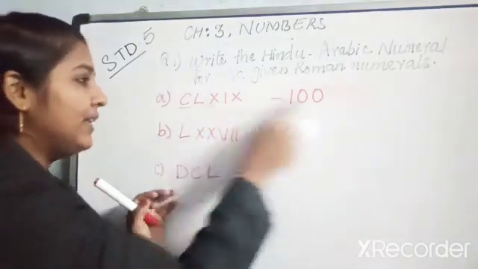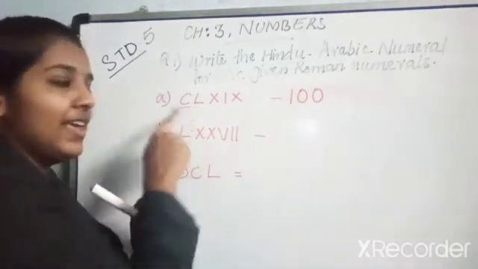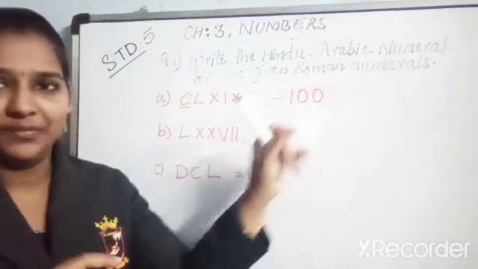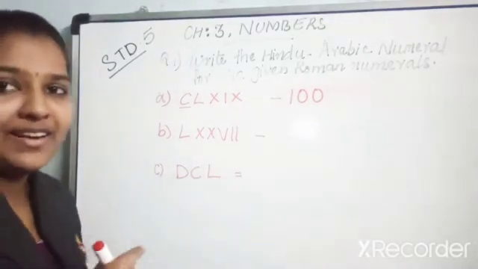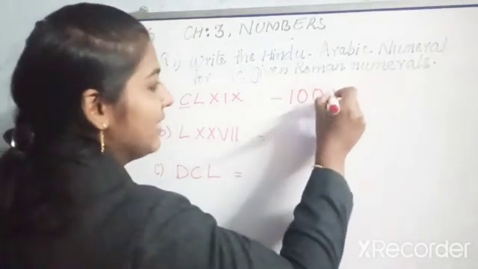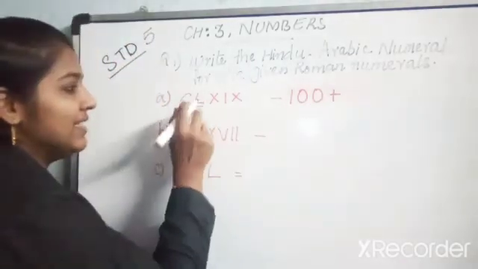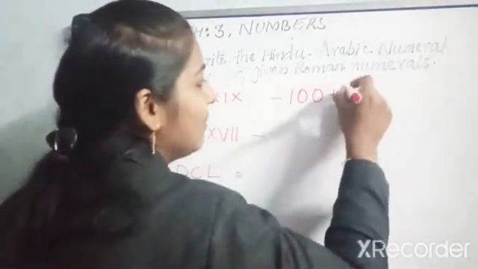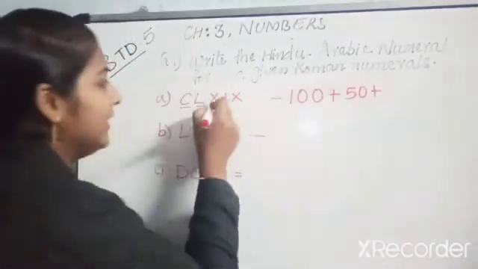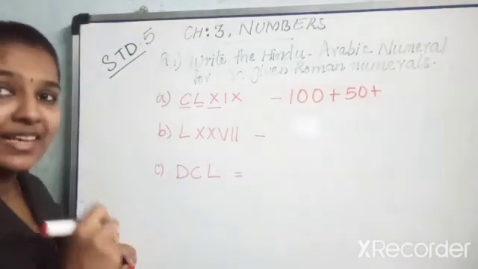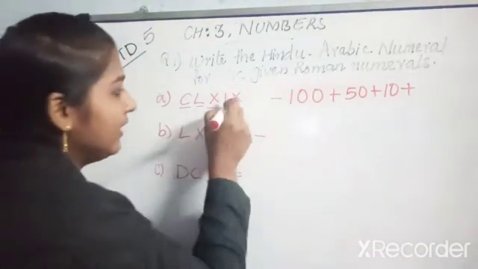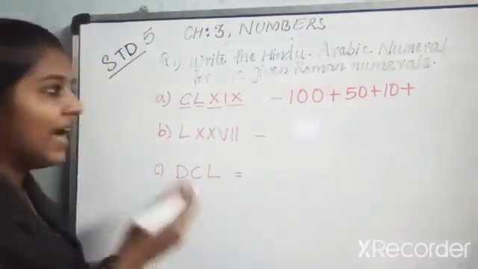So after 100, it is the L. L shows 50. 50 is adding with C. Okay, adding with 100. So you can write a plus symbol here. 100 plus, next is L. L stands for 50. So 100 plus 50 plus, then next is X. X is 10. So plus 10 plus, then look children here, I and X.